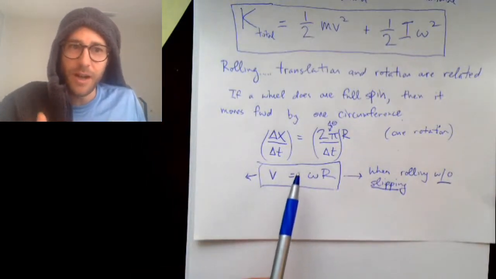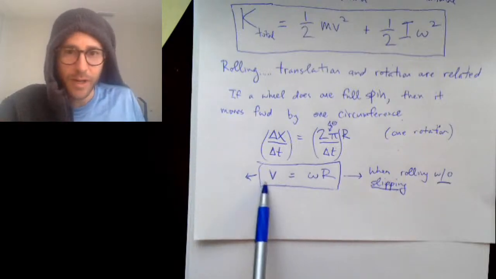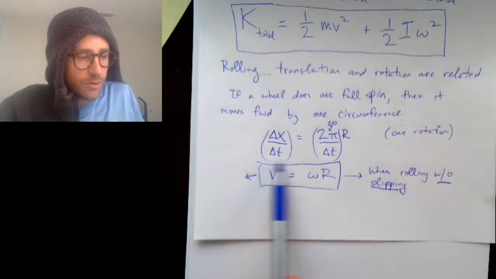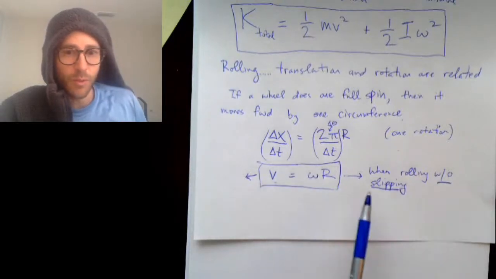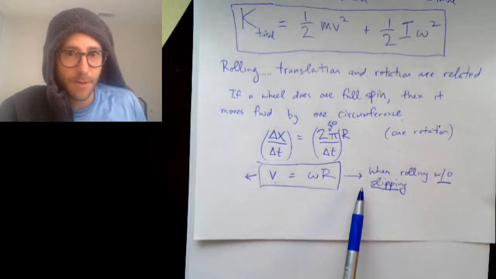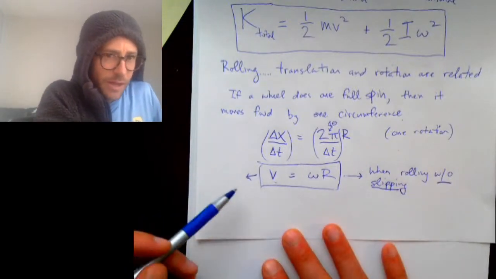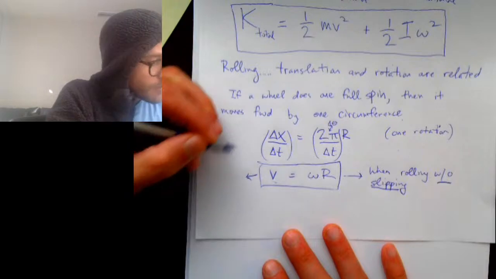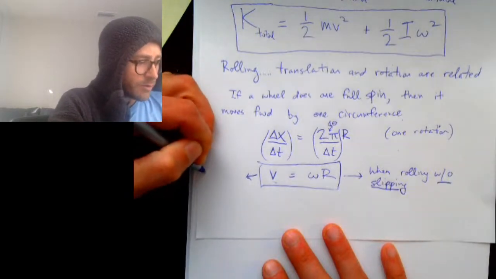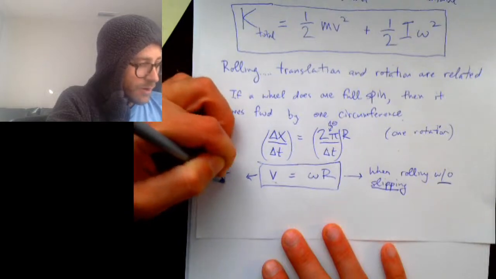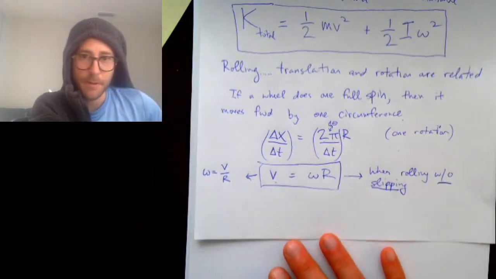So when you're peeling out or when you're skidding, you break this relationship between the two. So this relationship is only true when you're rolling without slipping. So anyways, we can take this and we can rearrange it. So we can write omega equals V over R. Okay?